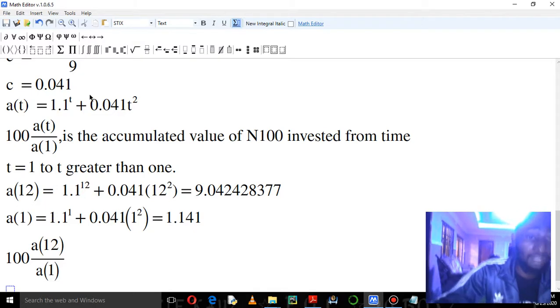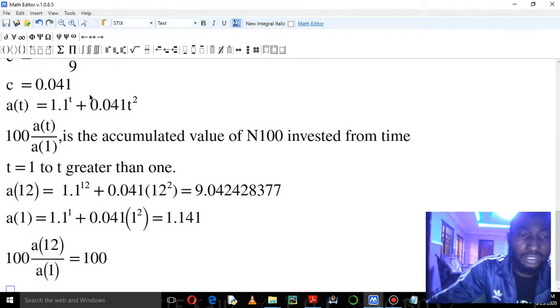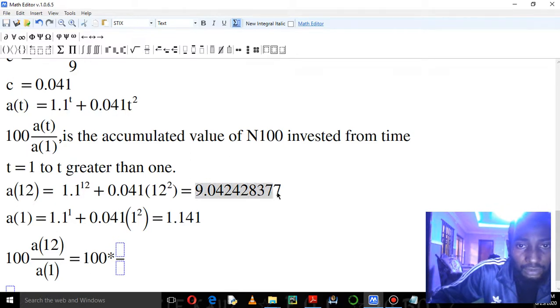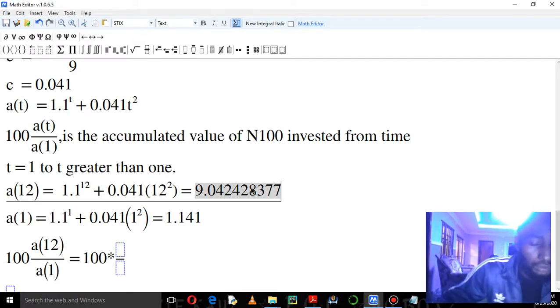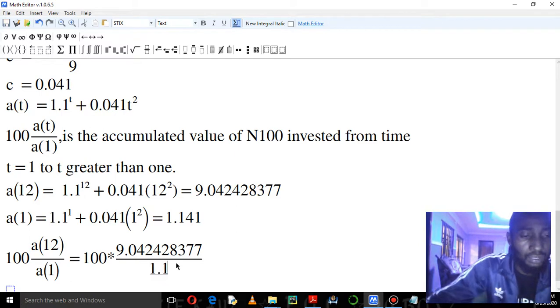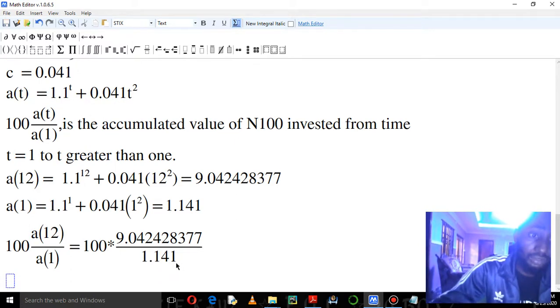So this is equals to 100 multiplied by our a of 12, which is 9.042, all over 1.141.